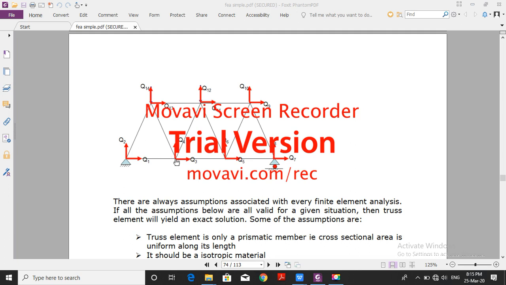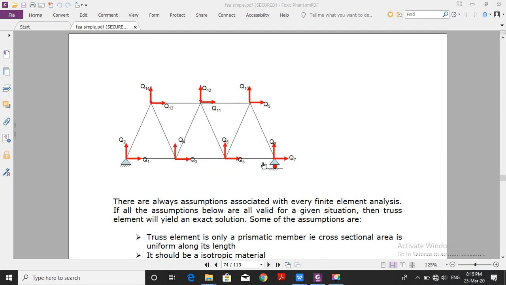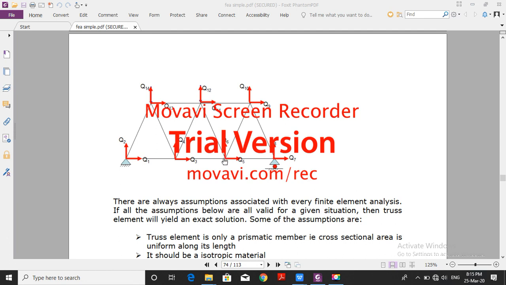At node number 2, the deflection in x direction is q3 and in y direction is q4. At node number 3, q5 is the deflection in x direction, and q6 is the deflection at node number 3 in y direction.